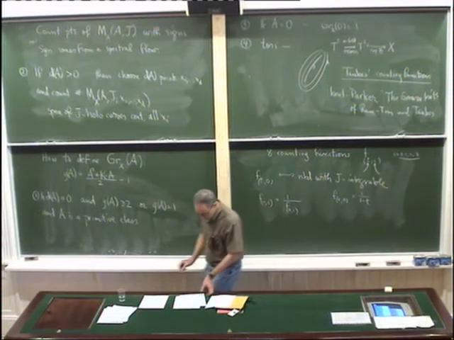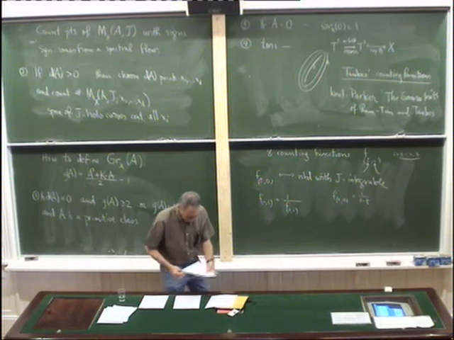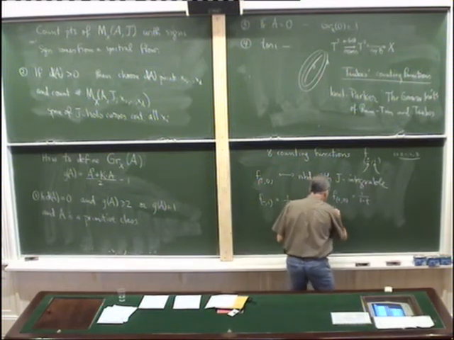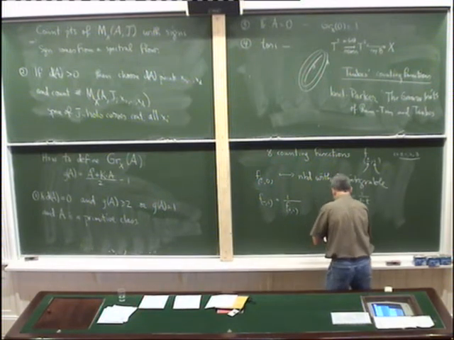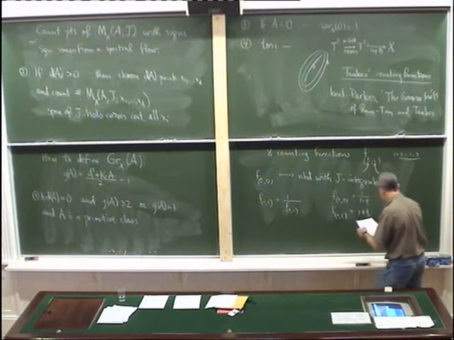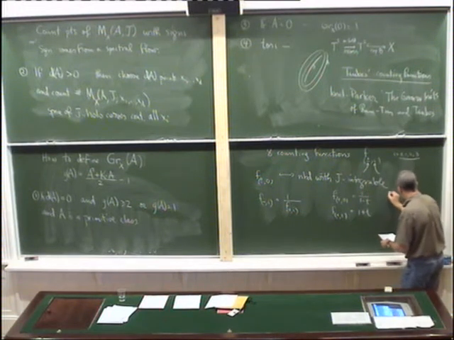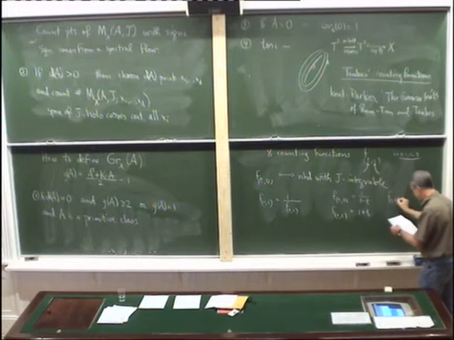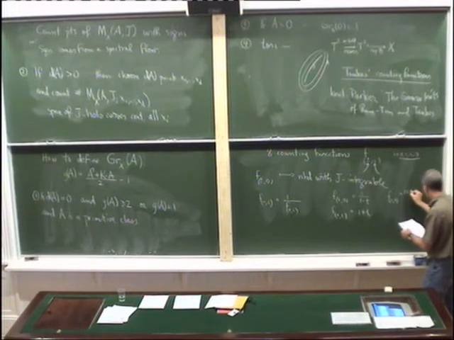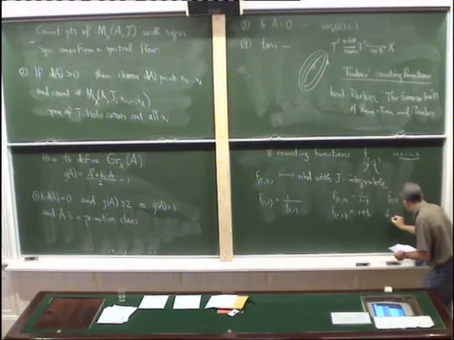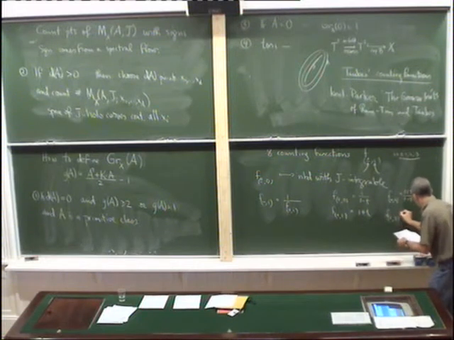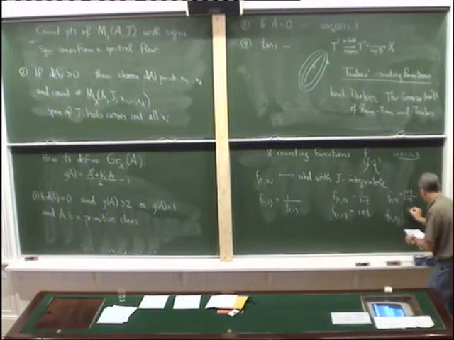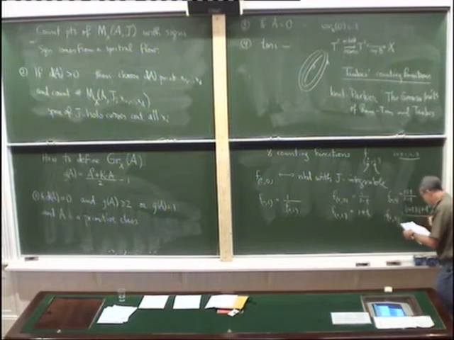And I don't know the others, I'll have to copy them. f plus 1 is 1 plus t. f plus 2 is 1 plus t over 1 minus t. And f plus 3 is 1 plus t times 1 minus t squared divided by 1 plus t squared.